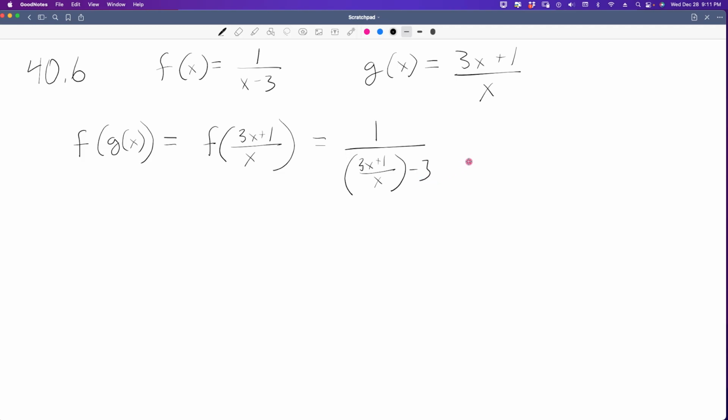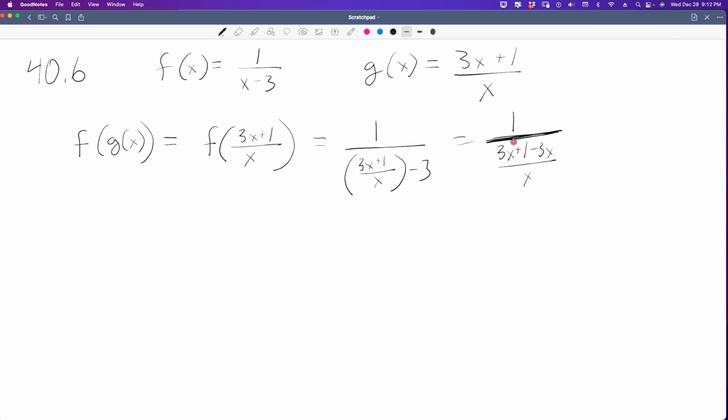So that is going to be 1 over 3x plus 1 minus 3x, all over x. And this is my bigger division symbol because it's the one that's located next to the equal sign. That's the one we know we need to work with.